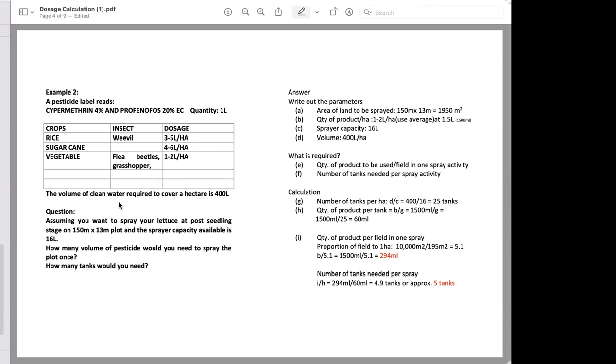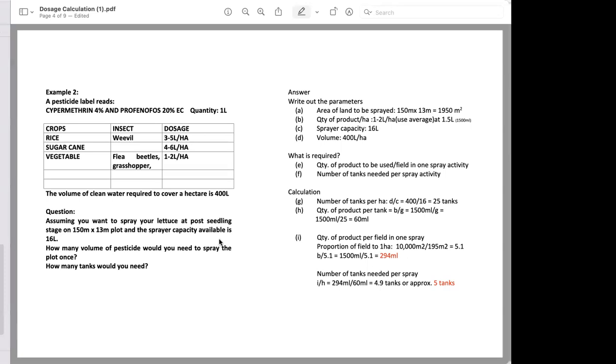So to the question: assuming you want to spray your lettuce at post-seedling stage on a 150 meters by 13 meters plot, assuming it's a multiple span greenhouse or net house, and the sprayer capacity is 16 liters in this case, not 15 liters.